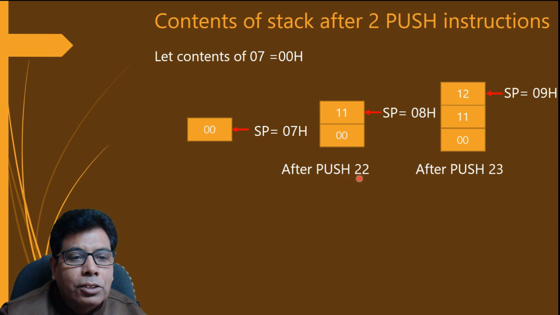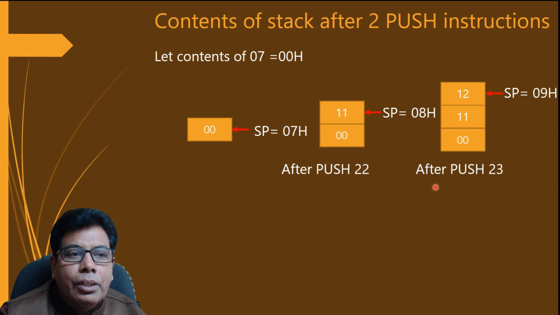The contents of memory location 22, we have assumed as 11. So this SP will become 8 because it is incremented, and that will contain 11 now. So after the push 22, this will take place.